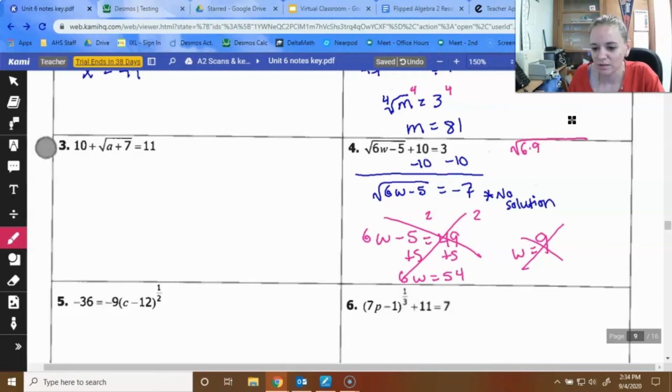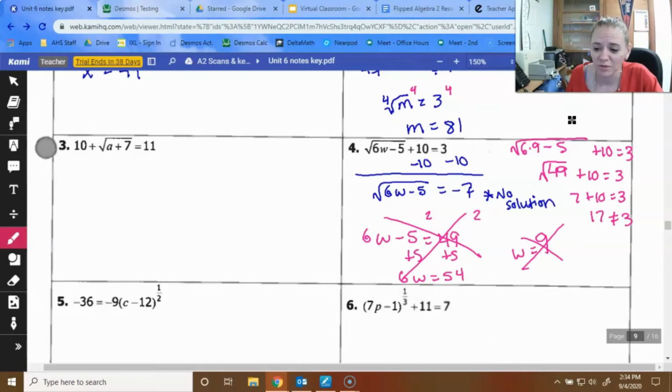Plug in the 9. 6 times 9 is 54. 54 minus 5 is 49. The root of 49 is 7, 7 plus 10 equals 17, and 17 is not equal to 3.